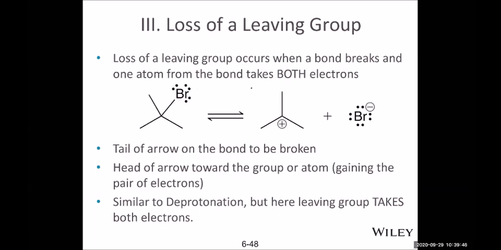And if you look at the final structure, we need to have a free bromide ion. So this pair of electrons, which was being shared, now goes completely to the bromide. So when this arrow happens, since the arrow is leaving the single bond, the single bond breaks. A single bond means there are 2 electrons. And now the 2 electrons have completely left, no longer shared with the carbon.